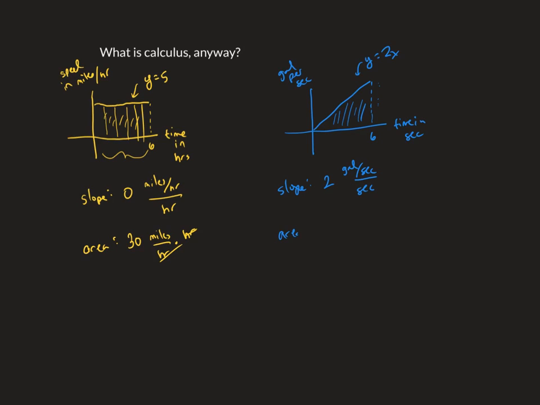The area would be 36 gallons per second times seconds. So 36 gallons. Now, in and of itself, this isn't calculus, but what we're about to do in the next video is.